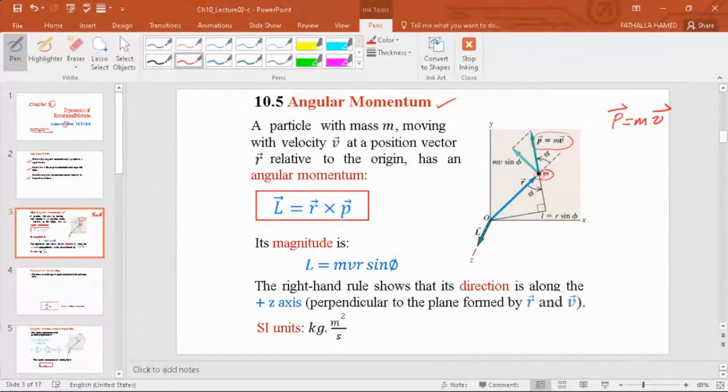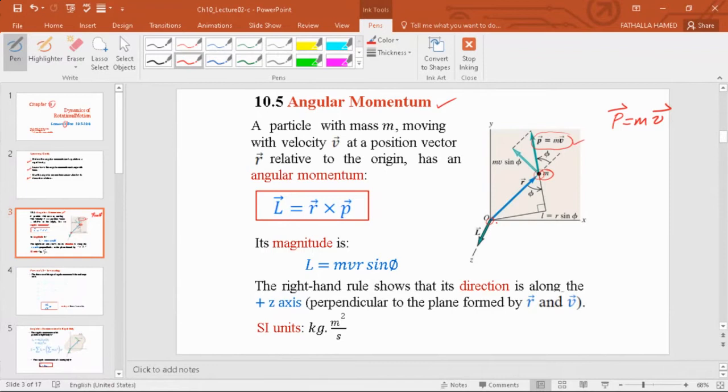So it is tangent to the circular motion here. So for this mass m, you have a linear momentum mv, and it is r away from O, where O is basically the point where the axis of rotation goes through.